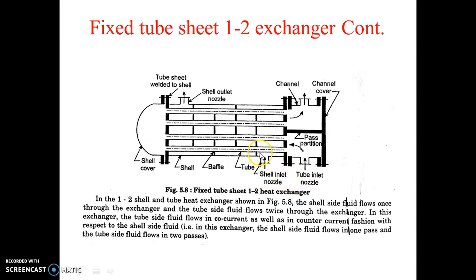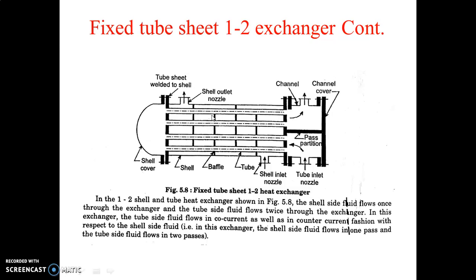So one fluid is passing through the shell, another fluid is passing through the tubes. In this heat exchanger, the shell side fluid is flowing 1 time through the heat exchanger. This fluid is flowing in this direction, gives the heat or takes the heat, and then it goes out in this direction.